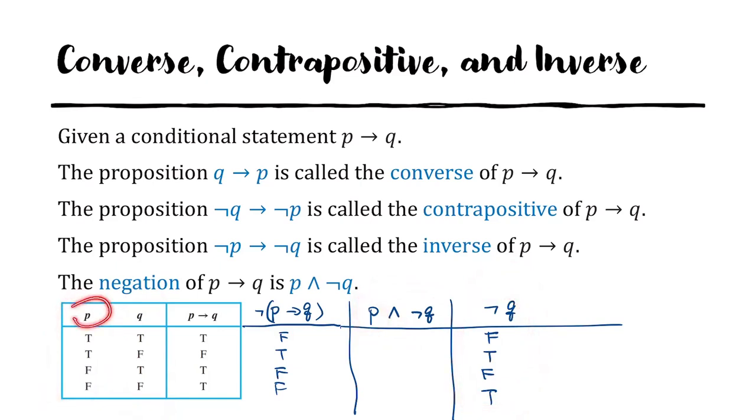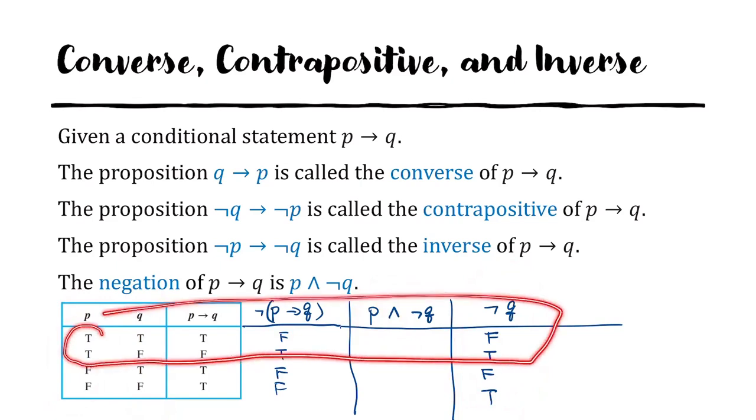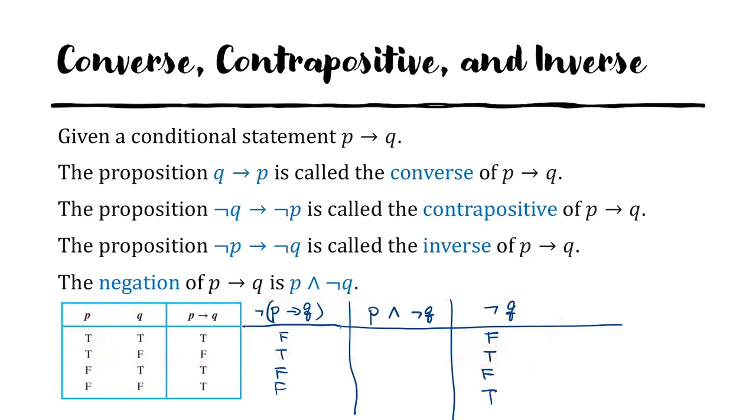If you look at it, P is only true on the first two rows, and not Q is only true on the second row. So only on the second row are P and not Q both true. So only the second row is true, and the remaining are all false.